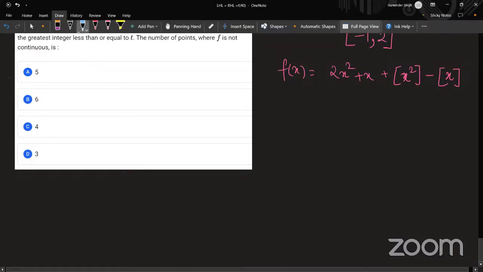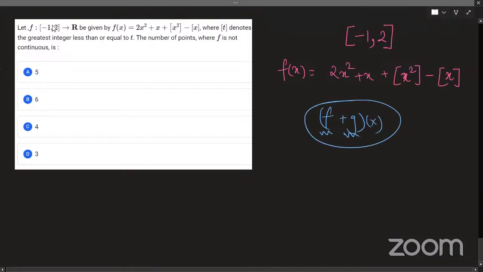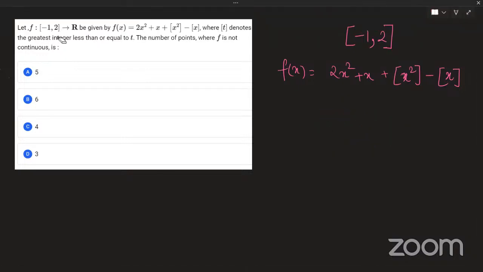So first of all, like yesterday, I had given you one small thing to see. If you have got two functions, f of x plus g of x, so f plus g of x, if f and g both are continuous, this whole function will also be continuous. So it is asking me what are the points at which this is not continuous. See, we have got this function 2x square plus x. Is it a polynomial? Yes, sir.